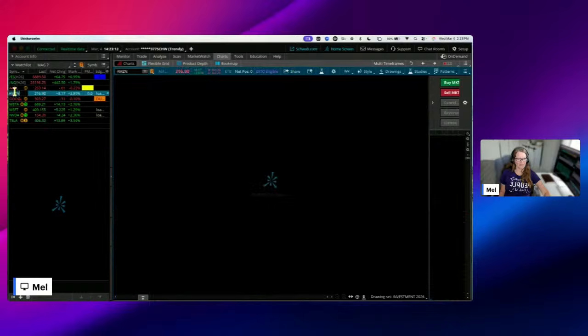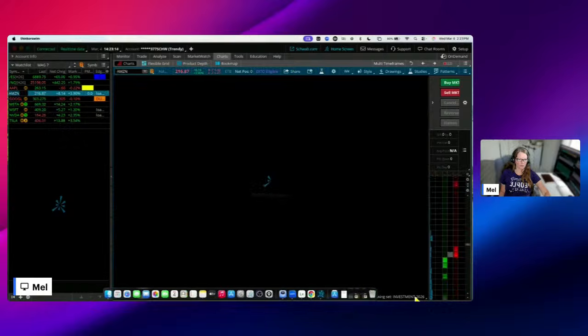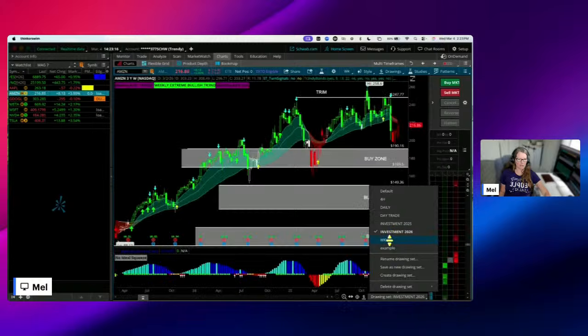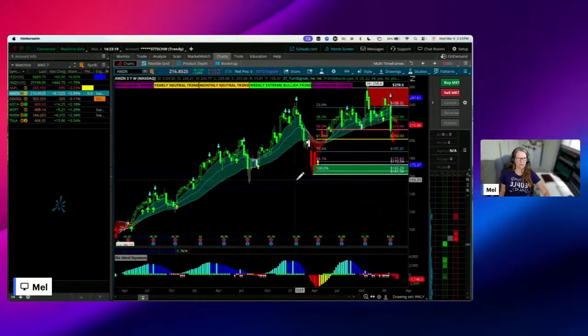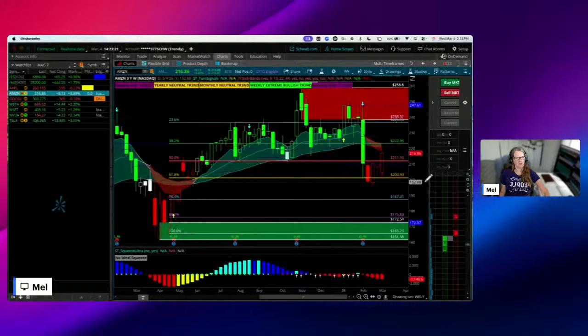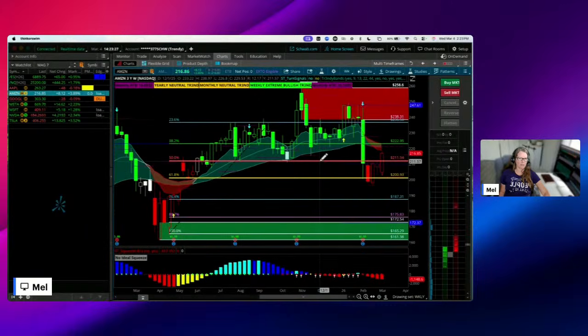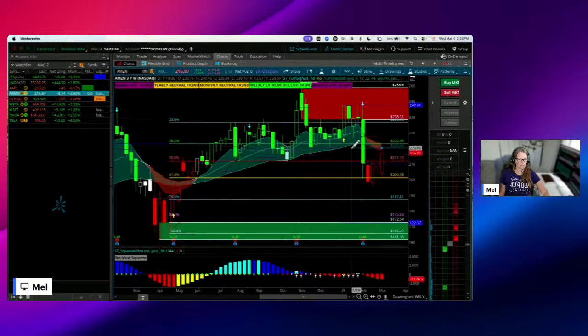And I forgot to give you that level for Amazon. So let me quickly go back there and give you the level for Amazon. First off, the first zone that I was interested in is 200 to 212. Now we have popped up from there and we're coming into that first area of resistance, which is this EMA cloud here.